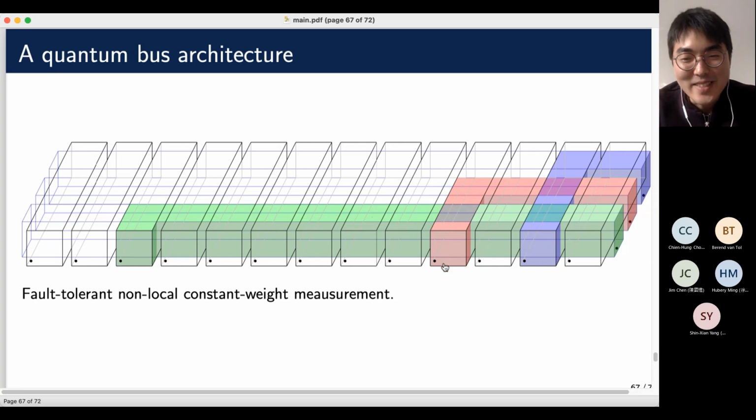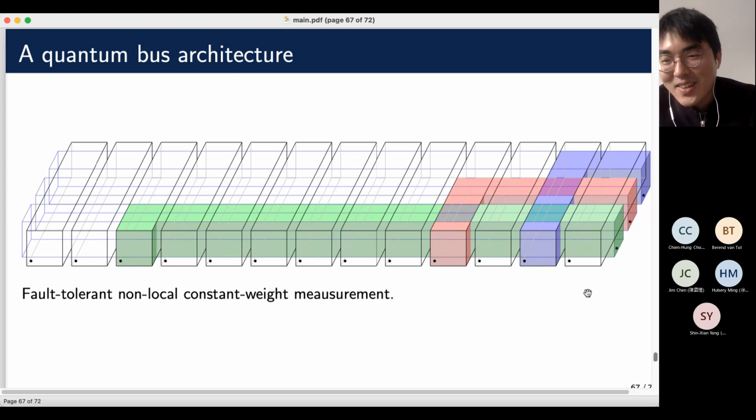This might be a problem because they are not locally positioned. And what we do is just transmit those qubits, green, red, and blue qubits, to the right-hand side of this architecture. This is possible by our protocol, the long-range entanglement generation, and then we use the entanglement to teleport those qubits onto the right-hand side.